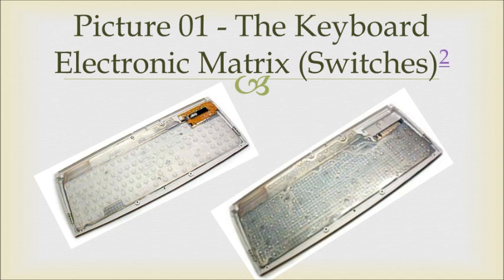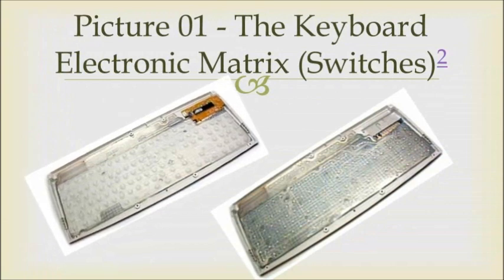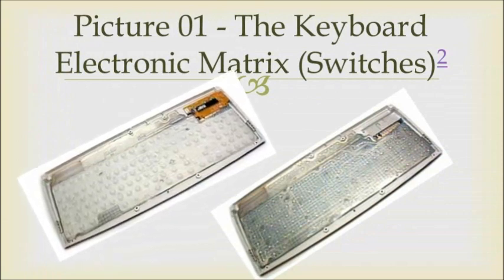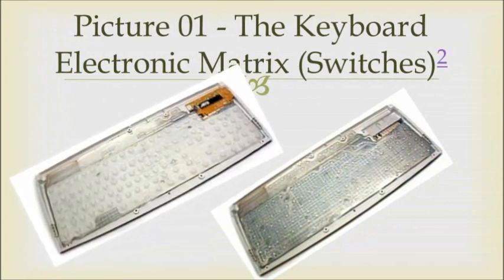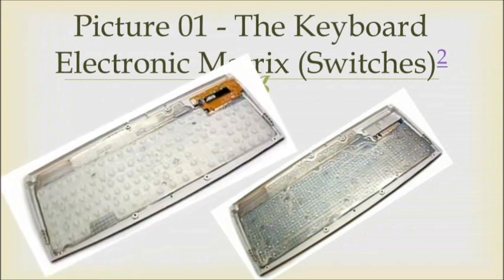It's the processor's job to say, okay, this is the electricity that just came from the keyboard, and then process it and send it through the video card down to the monitor, and then you see what you've typed. So on top of this, the first picture by your left is showing you the buttons on the keyboard.